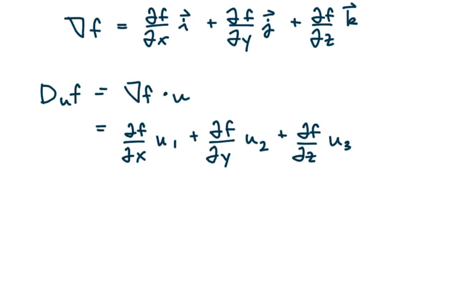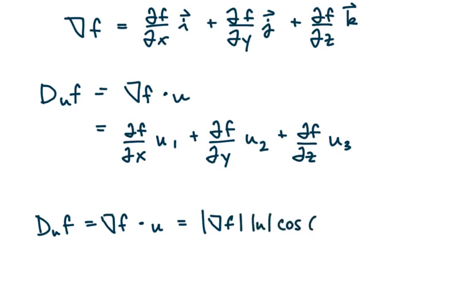And this directional derivative, which we previously wrote as gradient of f dotted with u, is the same as the magnitude of the gradient of f times the magnitude of u times cosine theta.